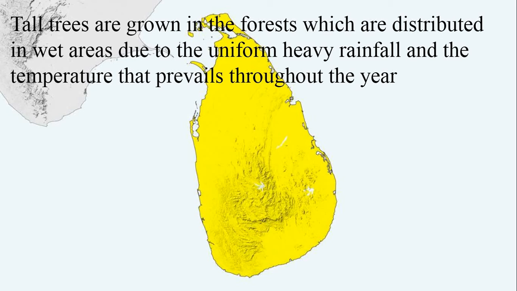And why are these areas full of tall trees? Because these areas receive a uniform and heavy rainfall, and we can see a favorable temperature throughout the year, so that we can see tall trees in the wet zone.